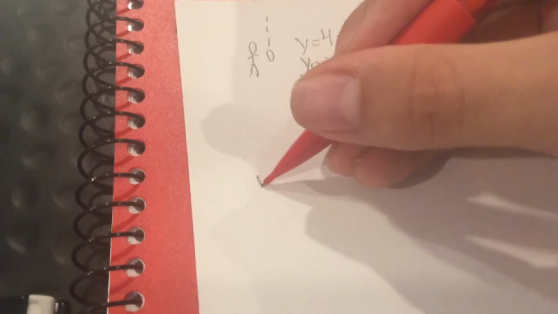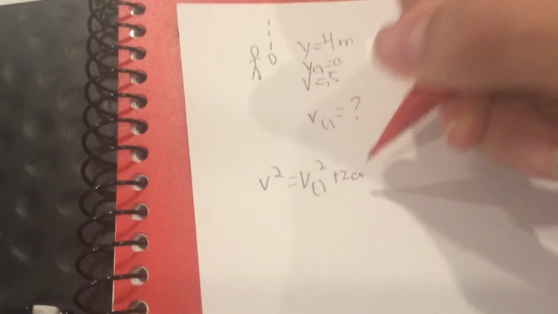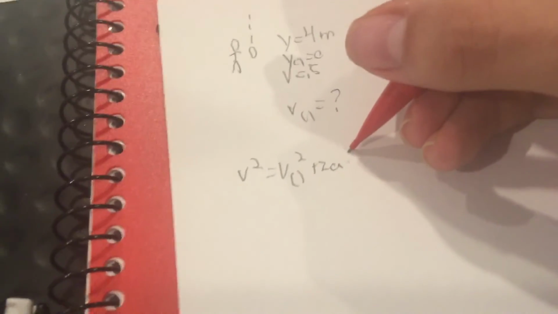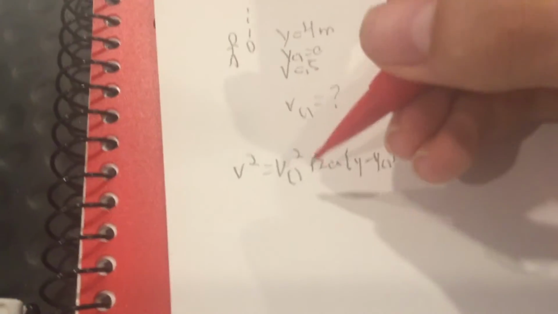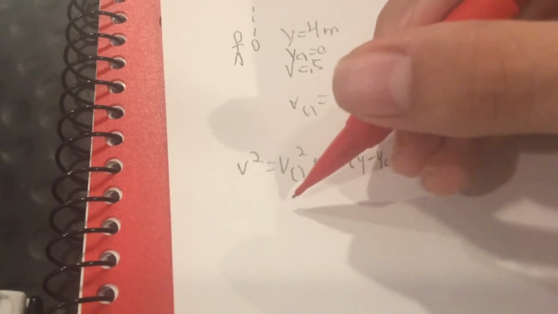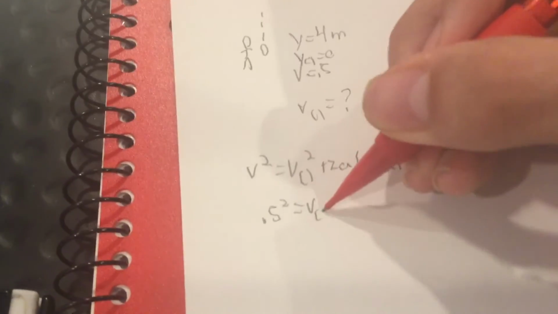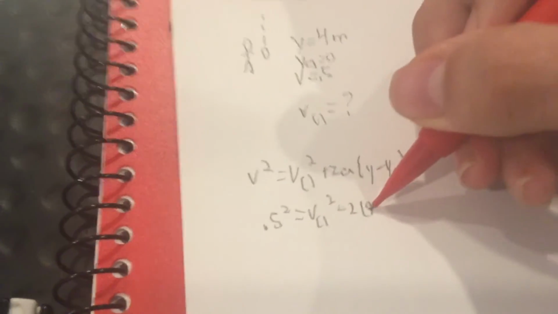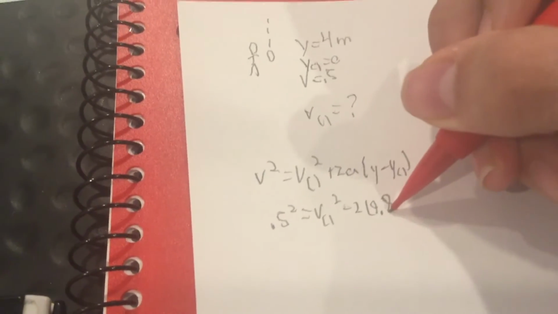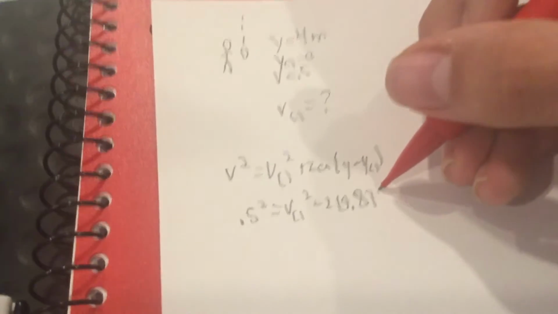We can use the equation v squared equals v naught squared plus 2a times y minus y naught. So the velocity is 0.5 squared, and we'll be solving for v naught, minus 2 times 9.8 times 4.